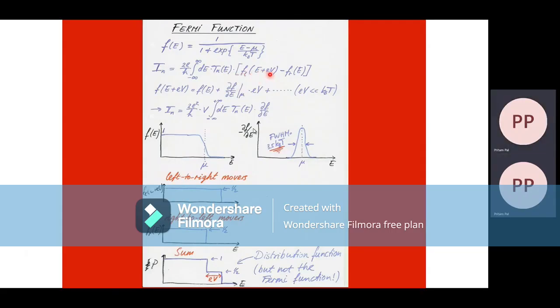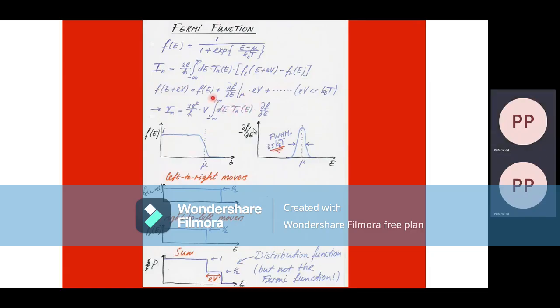We have to include the Fermi distribution function for mu1, which is E plus eV, and for mu2, which is just the Fermi distribution of E. The current becomes proportional to the derivative of the Fermi distribution.